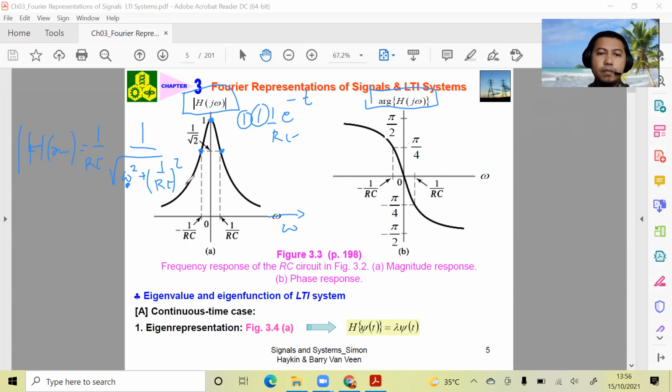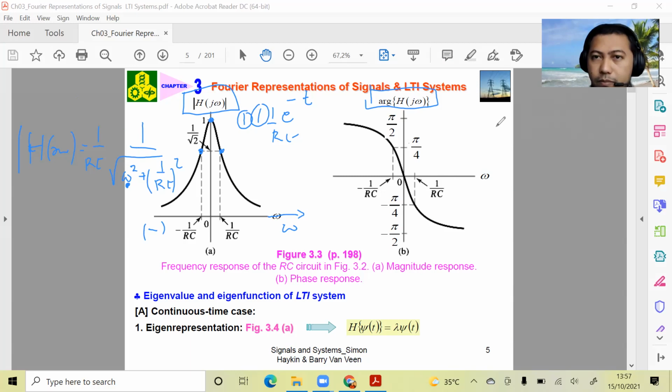1 over RC. Maybe some of you are asking why the negative component exists. Yeah, this is a property of a signal in the frequency domain. There exist positive and negative components. And then similarly for the phase graph, you can see here.